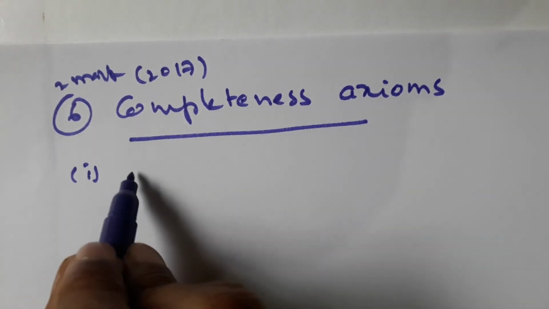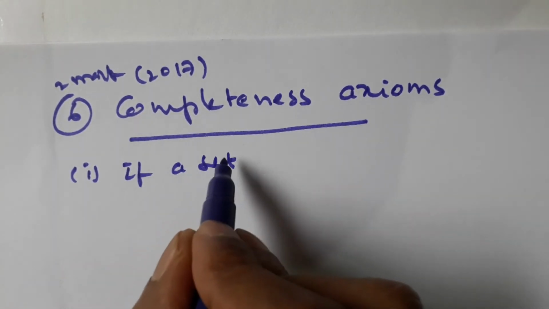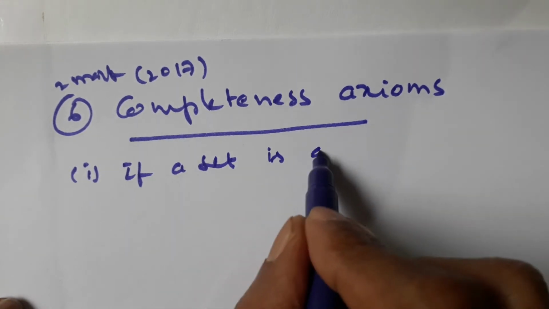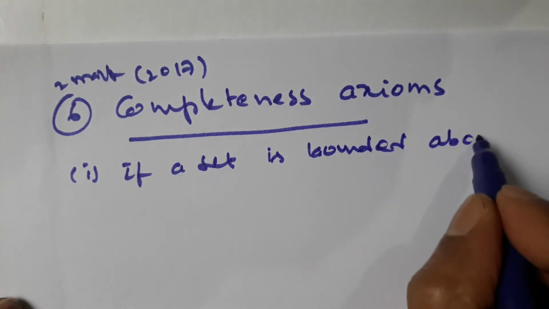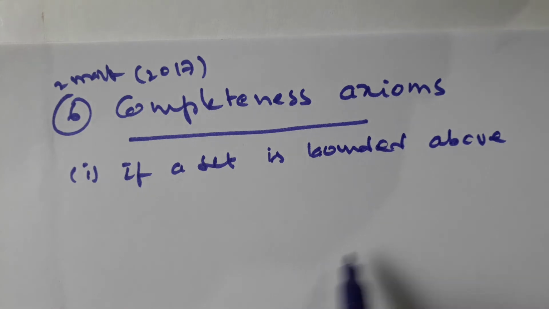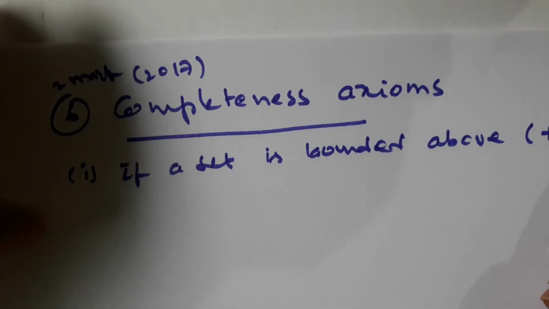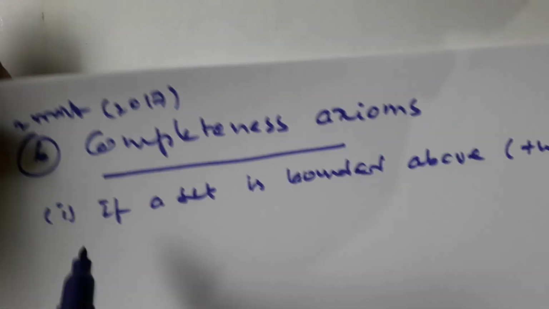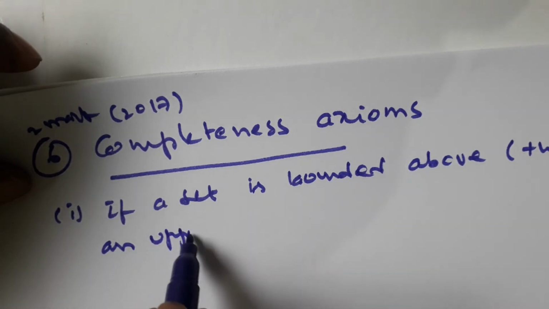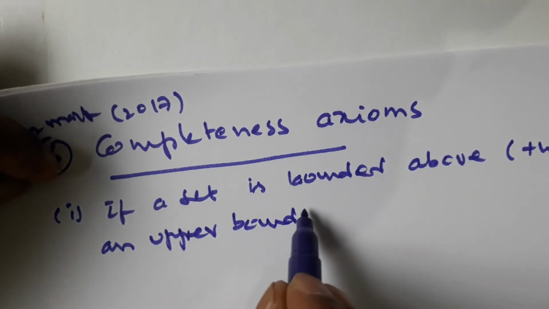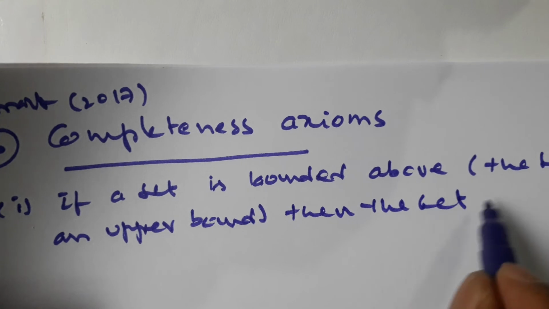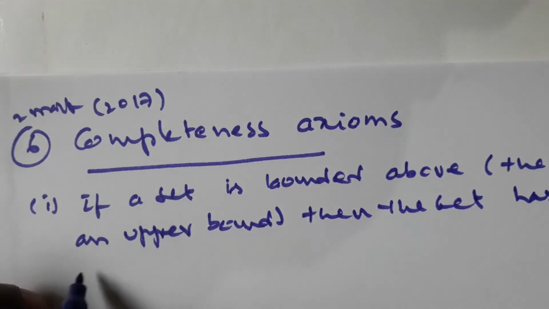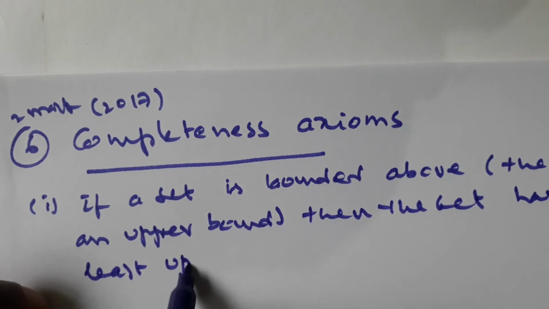You see, the first one: if a set is bounded above, means it has an upper bound, then the set has a least upper bound.